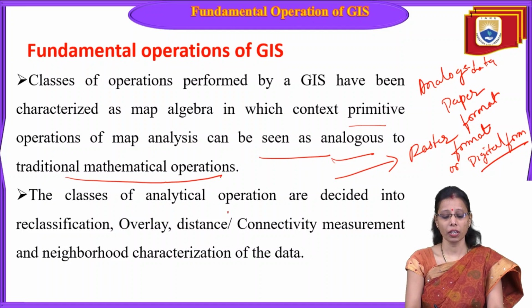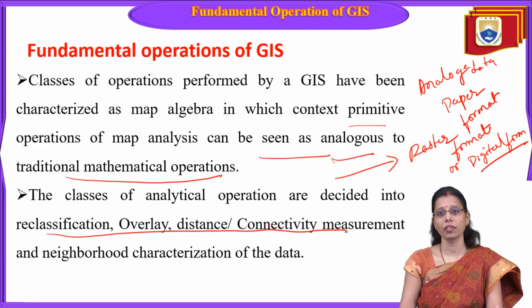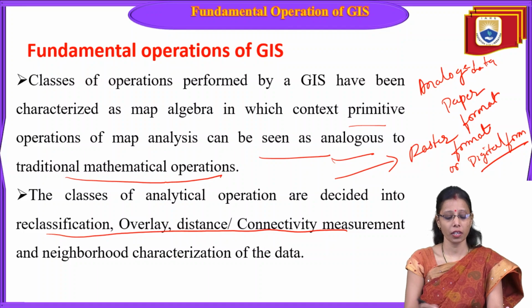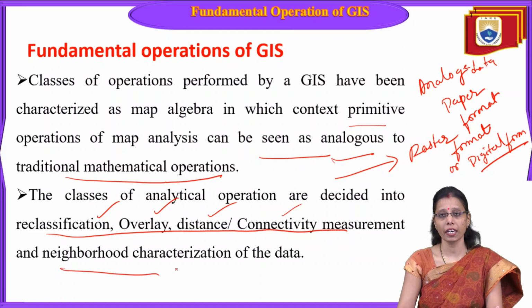The different classes of operations in GIS are reclassification, overlay, distance and connectivity, and measurement and neighborhood characterization of the data. These are all the operations in GIS we will be using in the process.